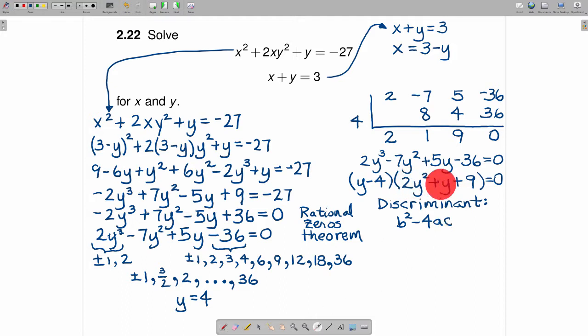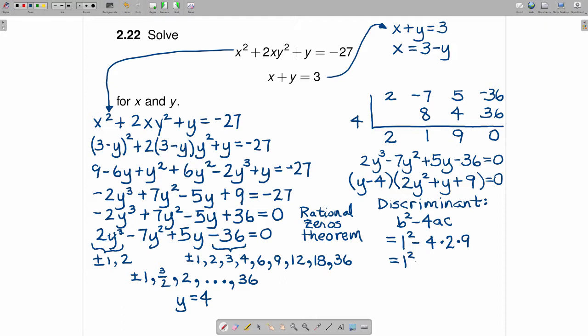And I am working with this polynomial right here, this quadratic, which has 2, 1, and 9 as a, b, and c. So when I compute this discriminant, what I get is 1 squared minus 4 times a, which is 2, times c, which is 9. 4 times 2 is 8. 8 times 9 is 72.